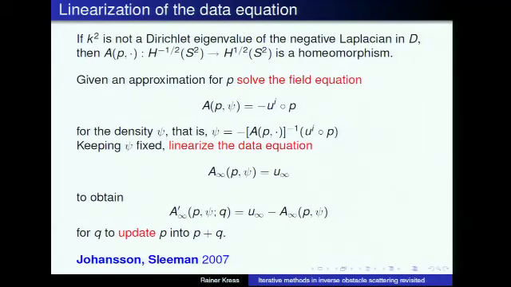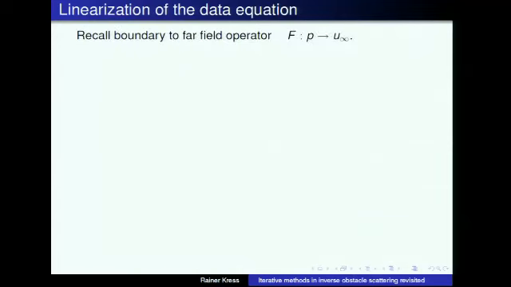This has been suggested and implemented in 2 dimensions by Thomas Johansen and Brian Sleeman a couple of years ago. And you might ask, does it have any relation to the linearization of the boundary to data equation?